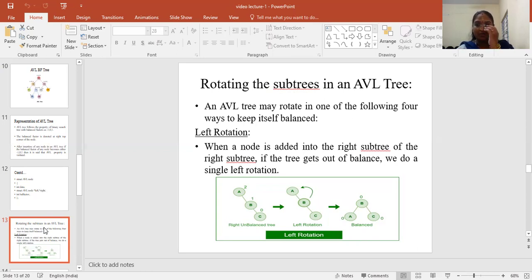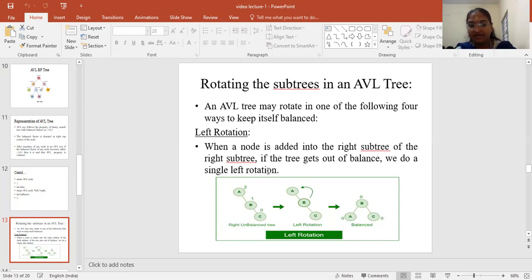Now we'll check the left rotation first. When a node is added into the right subtree of the right side of the tree, if the tree gets out of balance, we do a single rotation. Let me clearly explain.